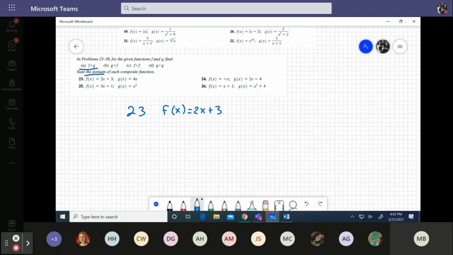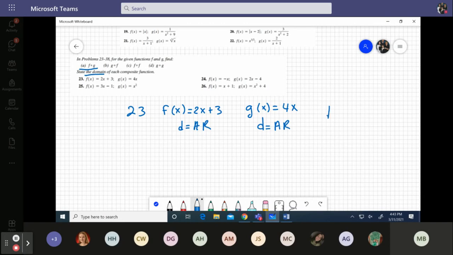That's linear, right? That's a straight line. So my domain is all real. g of x is equal to 4x. That's also linear. So domain is all real.